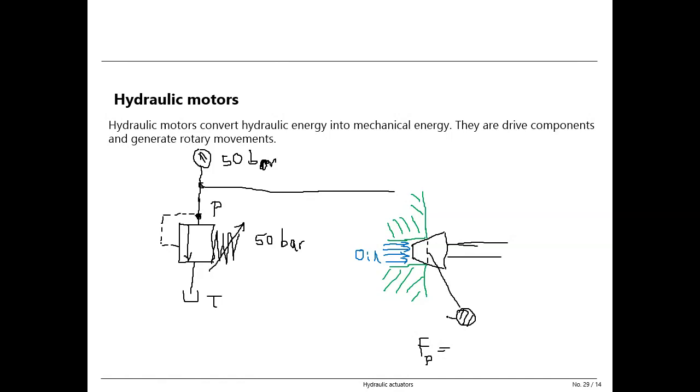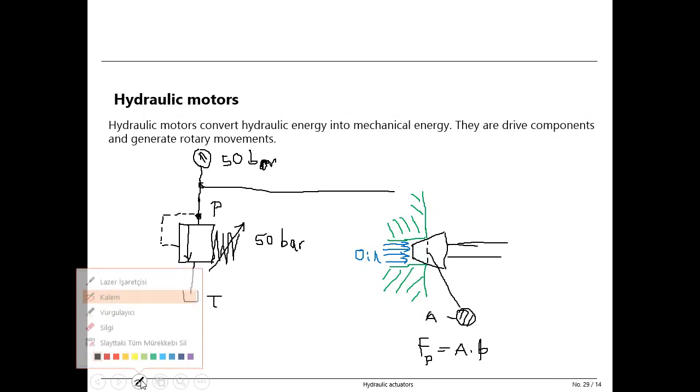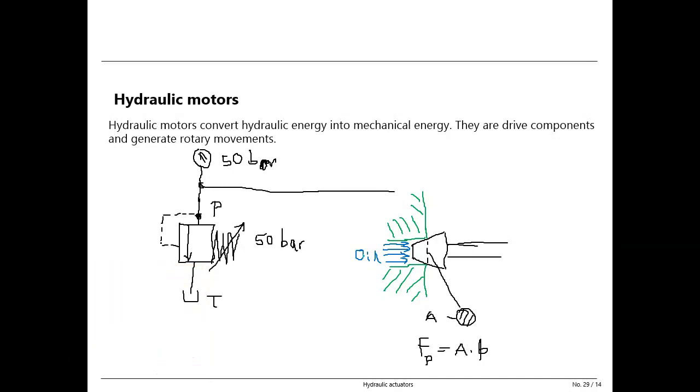Let's say this is the area A times pressure. Area times pressure. This is the oil pressure here. P. Let's use the color P. This is the P here, the pressure.